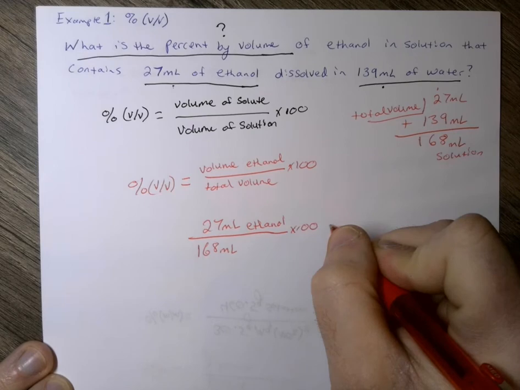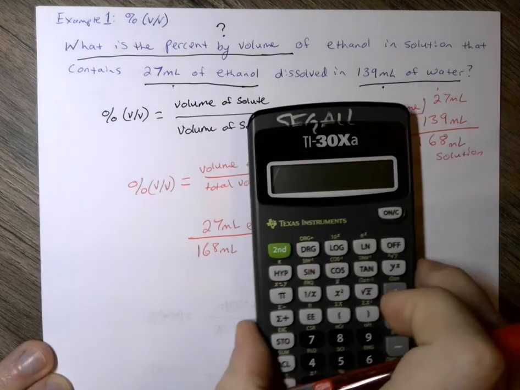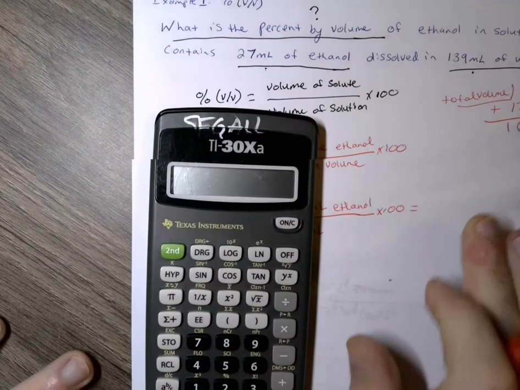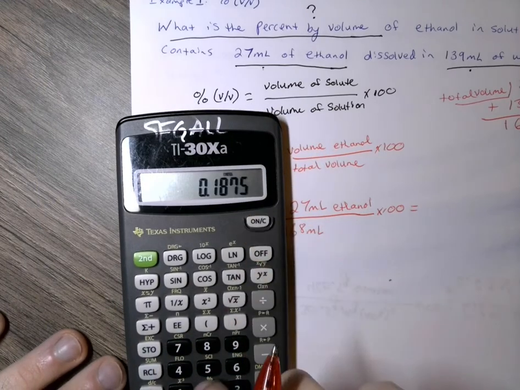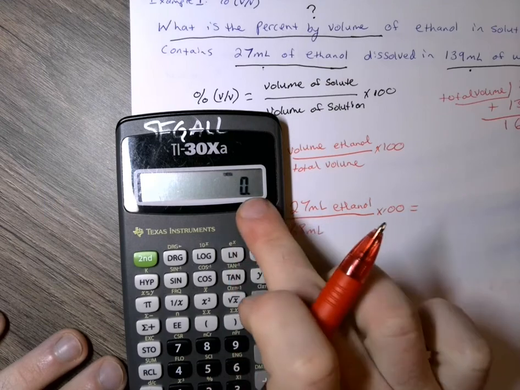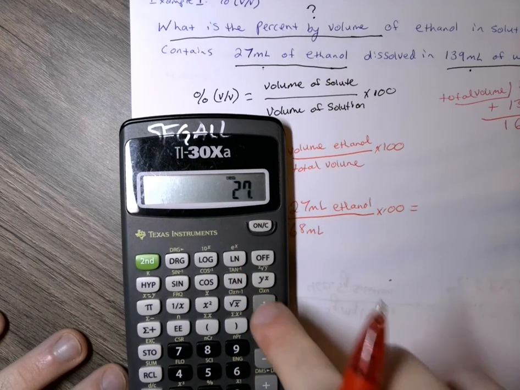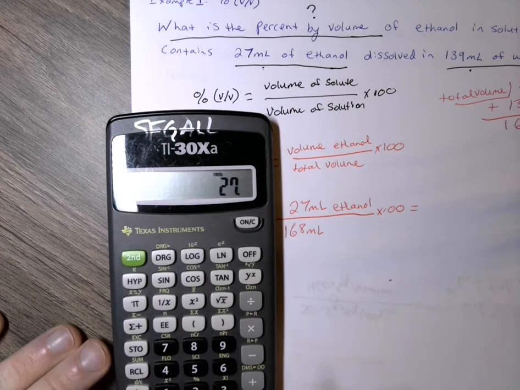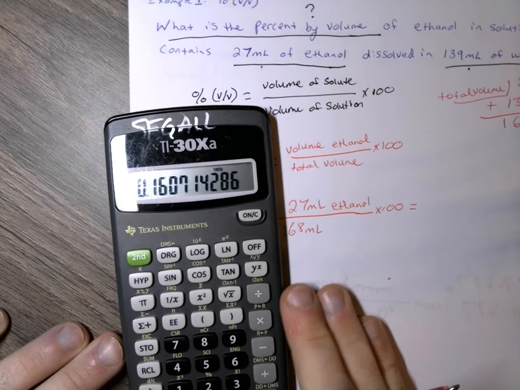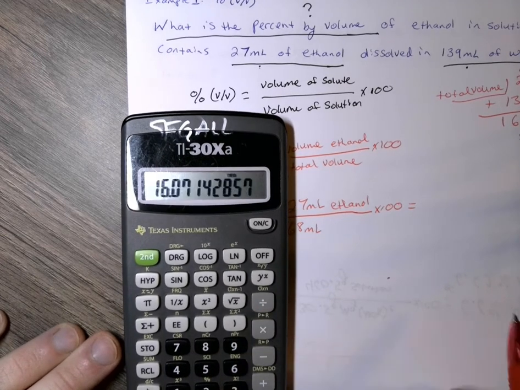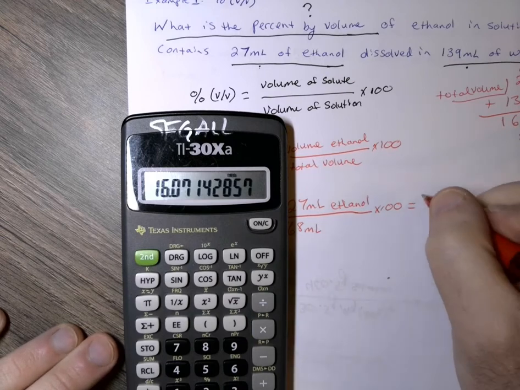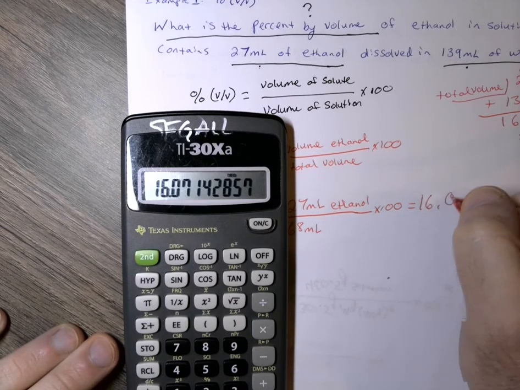Times 100 is equal to, so I get my calculator out, and I have 27 divided by 168, and then I multiply that by 100. So my decimal moves over to the right 2 spots. 16.07% ethanol.